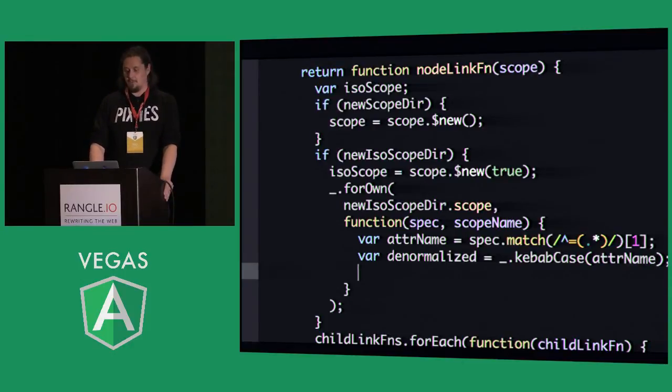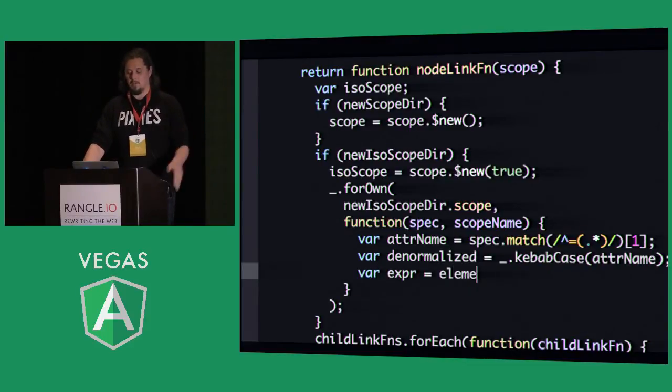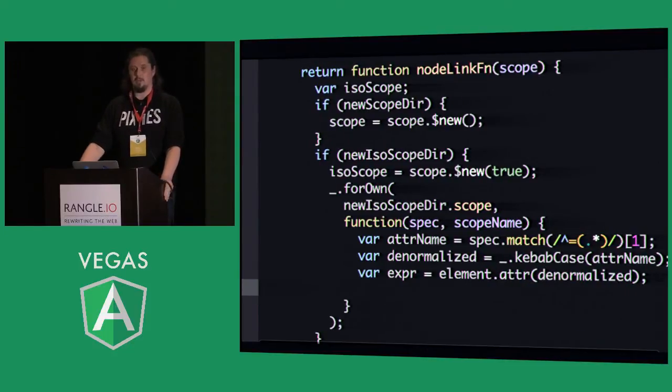And now we have the attribute name we can ask the DOM for the matching attribute value. So we have this element that we are currently linking in the scope. So we can simply get its attribute value for this denormalized attribute name, because that's going to give us the expression that the directive user has defined, which is the expression we should evaluate.